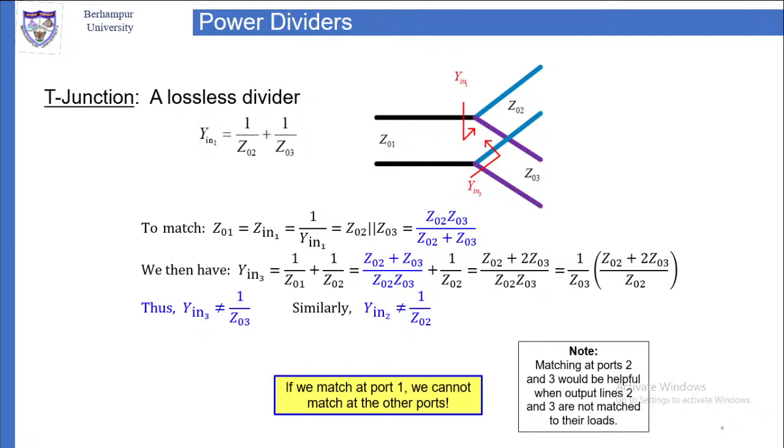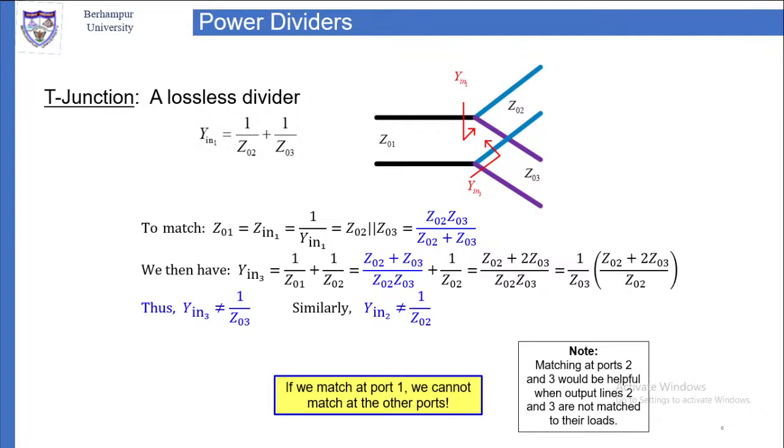This type of junction, where one line is divided into two parts, resembles a T. If you look at the letter T, there is one line which comes from the bottom, then at the top it gets divided into two parts. So this is called a T junction.